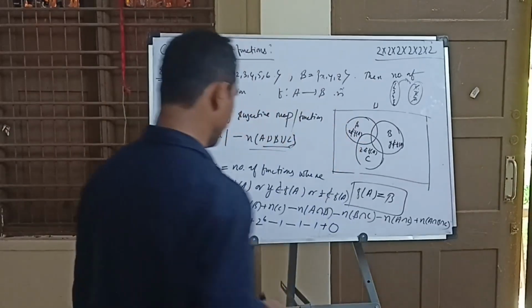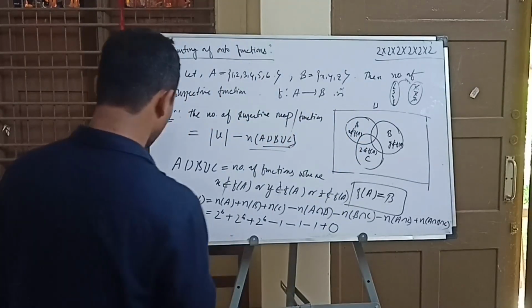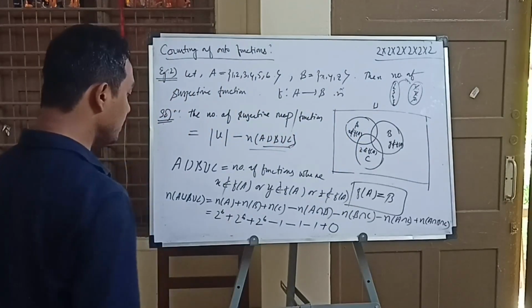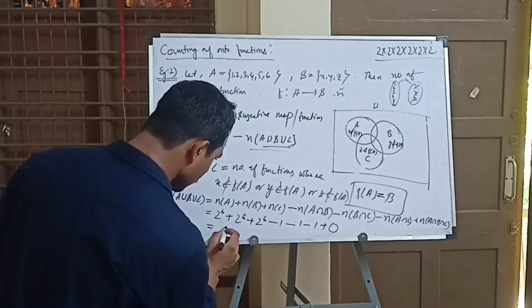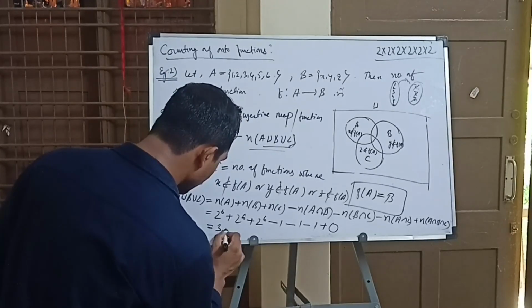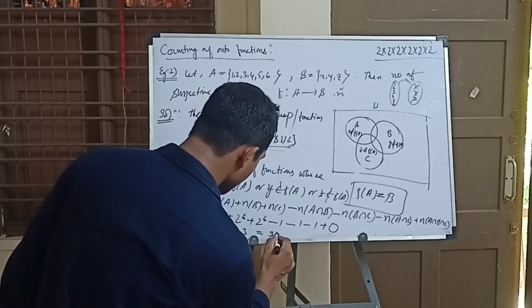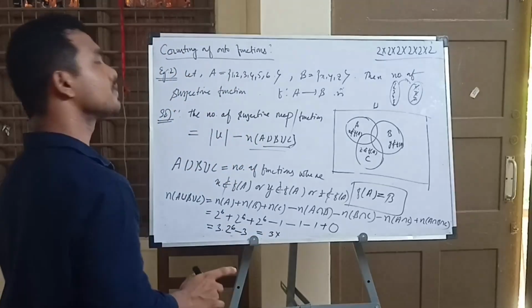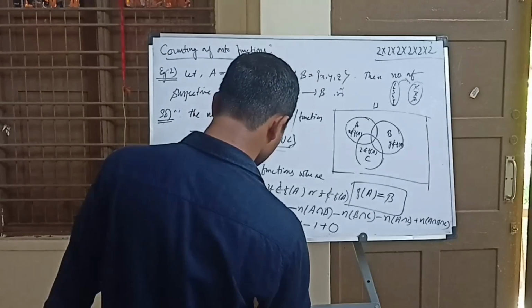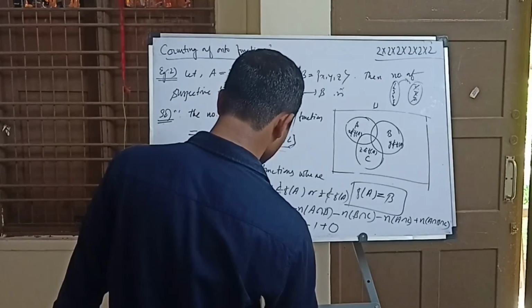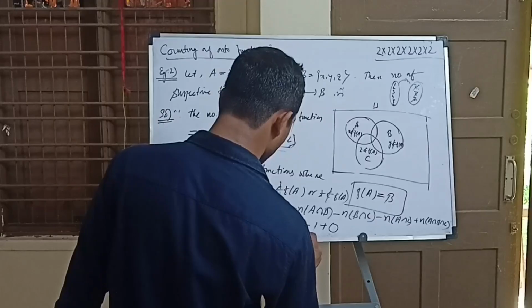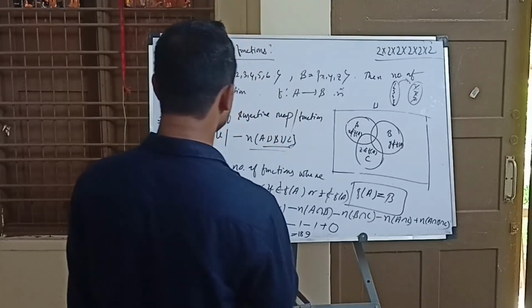So this is 0. The number of the set A union B union C is what? 3 into 2 to the power 6 minus 3. This is 3 into 2 to the power 6, 64, minus 1, 63, 9, 189. Okay.